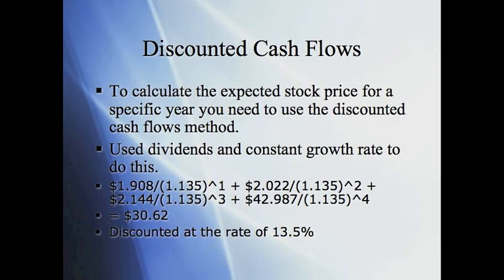For example, dividend 1, 1.908, is divided by 1 plus 13.5% to the first power, plus second year's dividend, 2.022, divided by 1.135, which is 1 plus 13.5% to the second power. Then you do to the third power with the third dividend, the fourth power with the fourth dividend, and so on, until you reach the desired year and you calculate the future value of that stock.